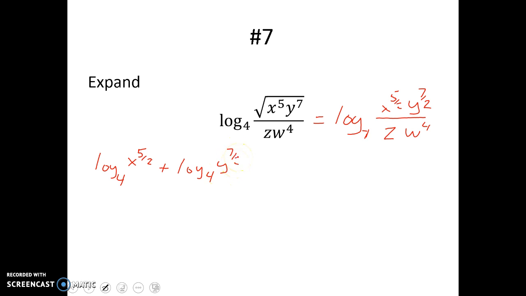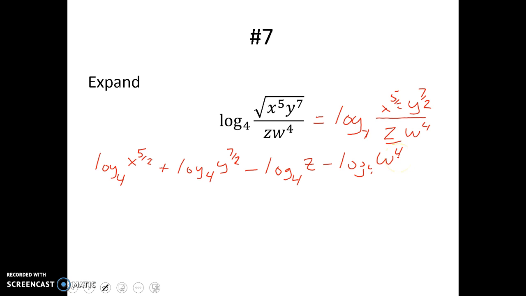Then I'm going to subtract, because this is in the denominator. It's the log base 4 of z. And then I'm going to subtract again, because this is in the denominator, I'm dividing it. It's going to be the log base 4 of w to the 4th.